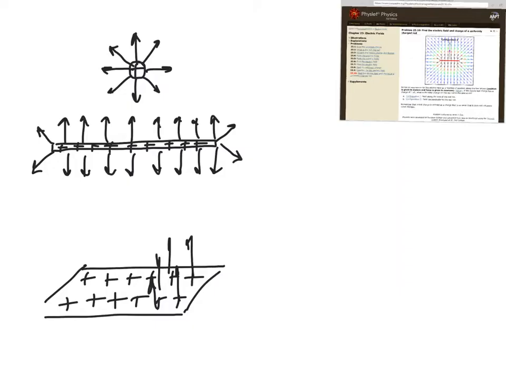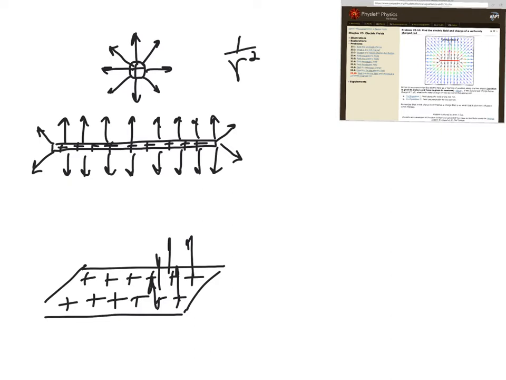Okay, you know what a positive charge looks like, and these are field lines that are going out, and I'm just not drawing them all the way, but they keep going, and they spread out like rays of light from a light bulb, and we know that this has a 1 over r squared dependence.